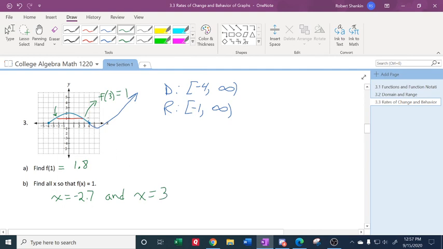Now, there'd be yet another one if we went way over here, but I told you to ignore that part because we don't have an x scale way out here. Okay, so we get more than one answer here, and getting used to the distinction on these two types of questions is very important.